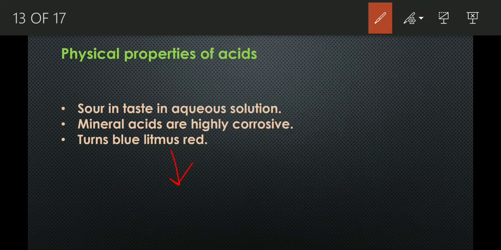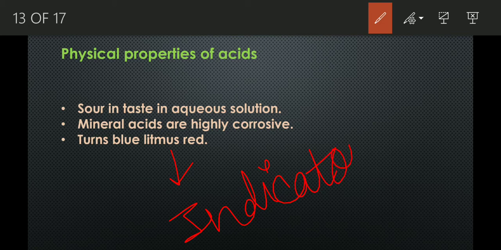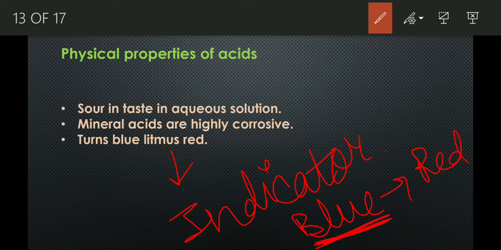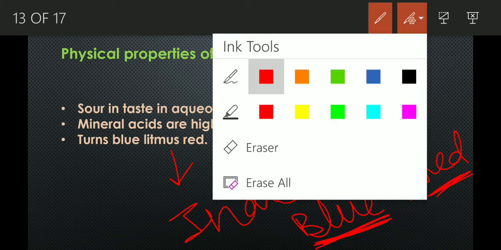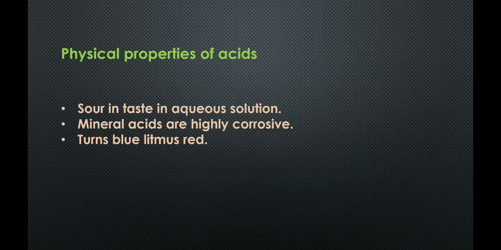When a blue litmus paper is used, then acid turns blue litmus paper into red. If we dip a blue litmus paper into a solution, and if the blue litmus paper becomes red, then we can say that solution is acidic in nature. This is the physical property of acid.